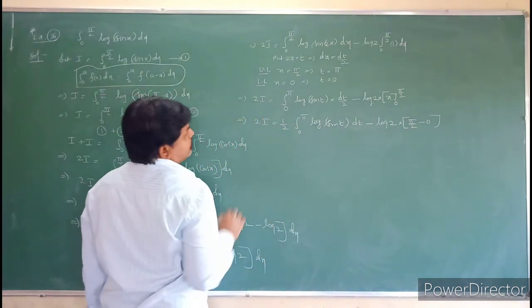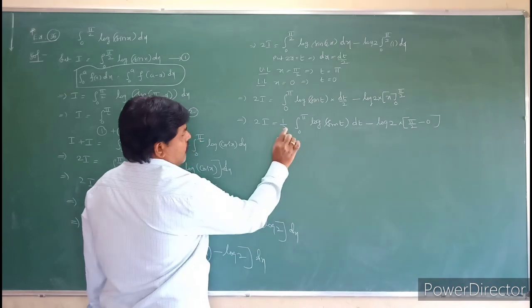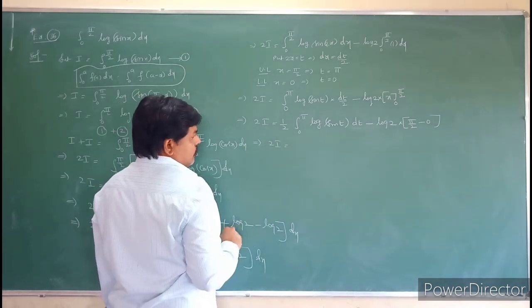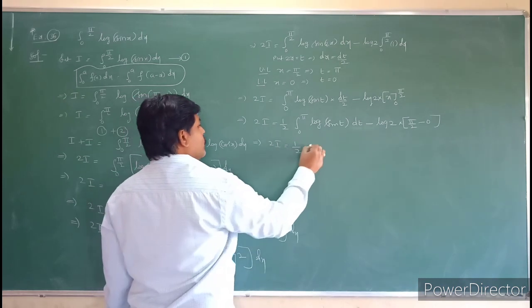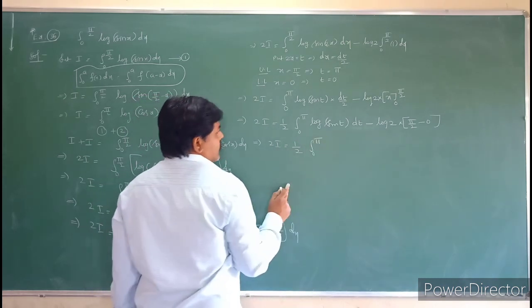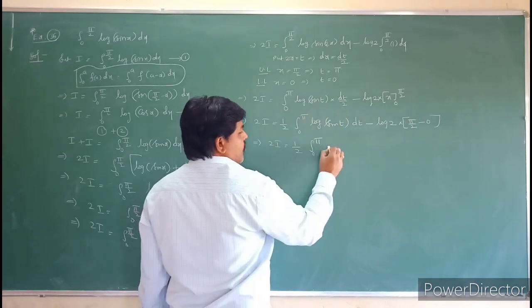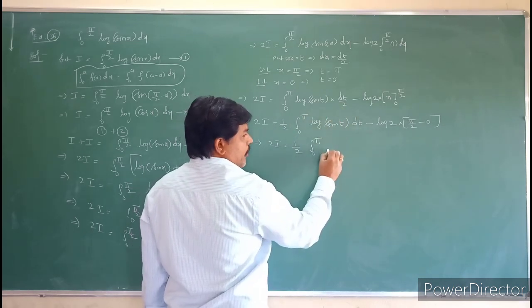So what we will get here, that implies 2I is equal to 1 by 2 into integral 0 to pi. In the place of t, you can replace the x value directly, from the property number 0.